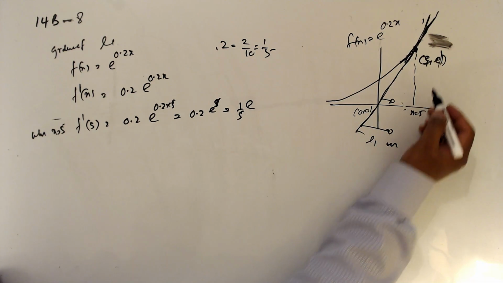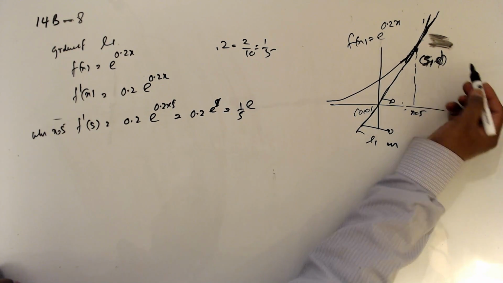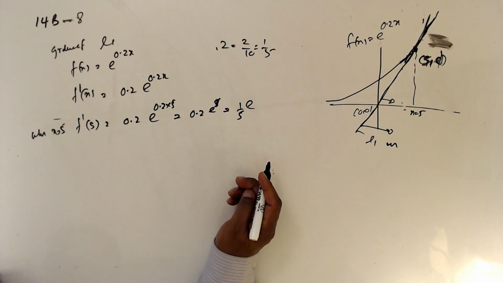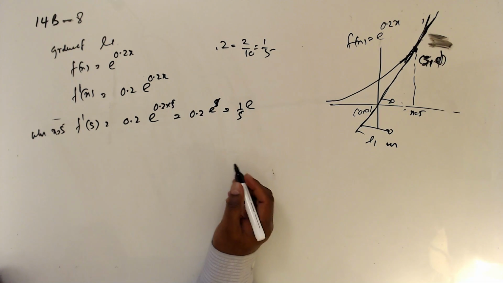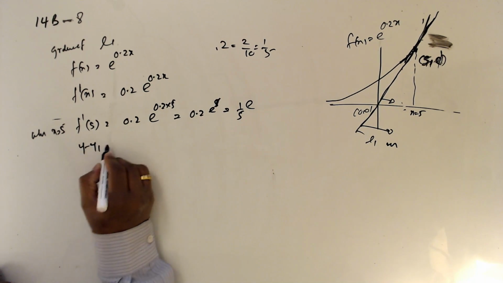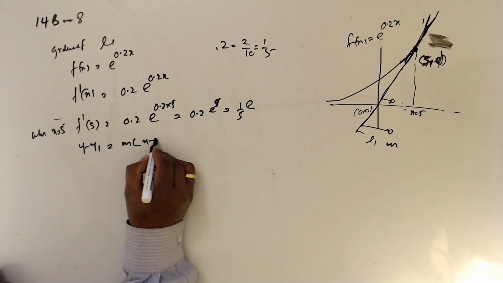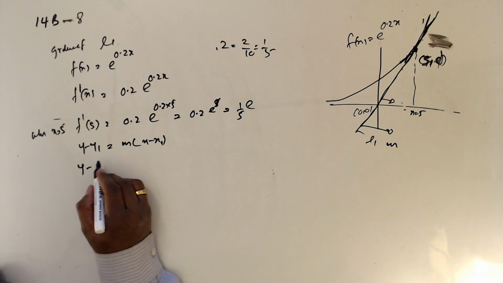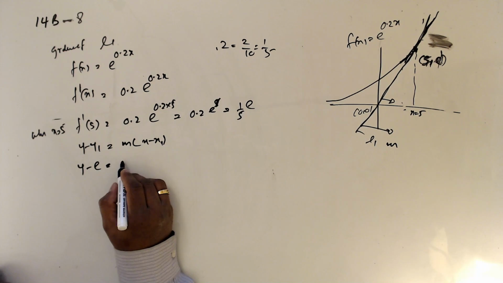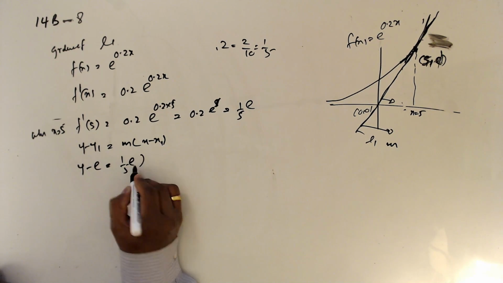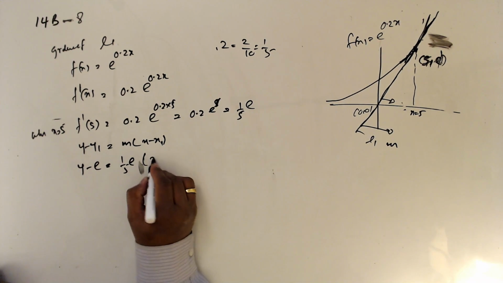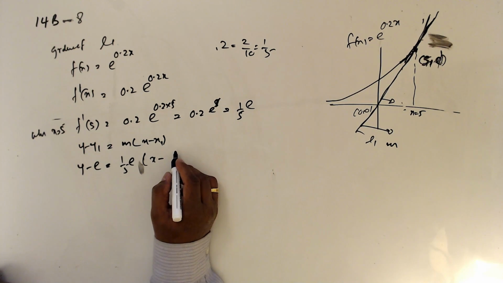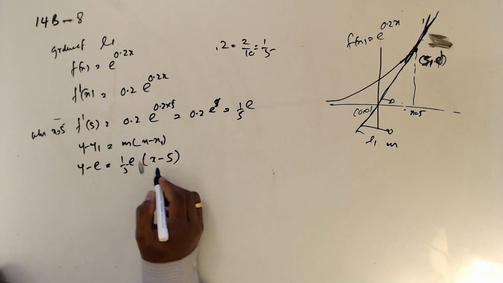Now I have the gradient of this line, m, and I have a point, this is (5, e). So I can write the equation of this line now. y minus y1 equals m times x minus x1. So y minus e equals 1 over 5 e times x minus 5.